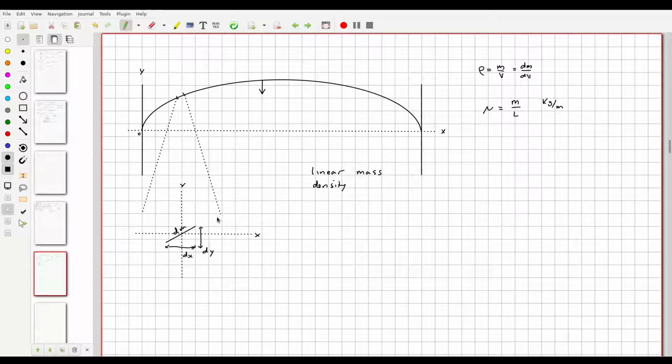Now, here's the deal. I want to pick this such that the angle here, the amount of distance that's been plucked up, is very small.